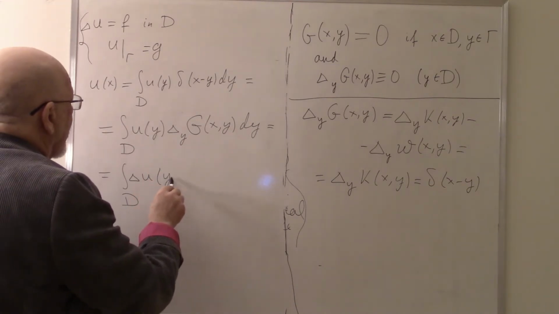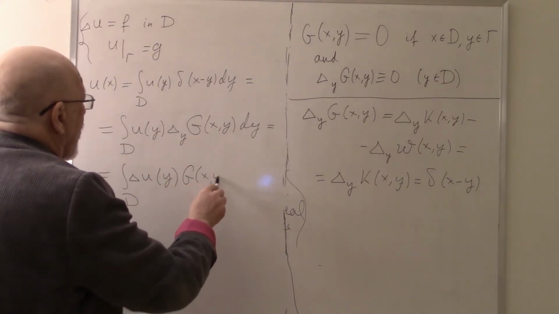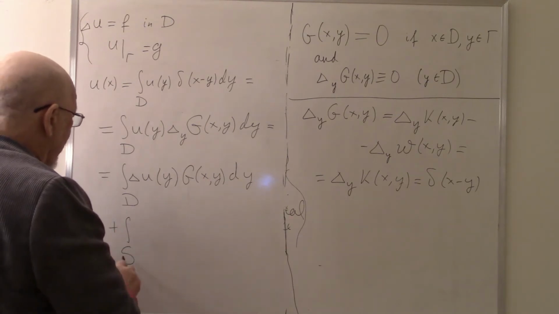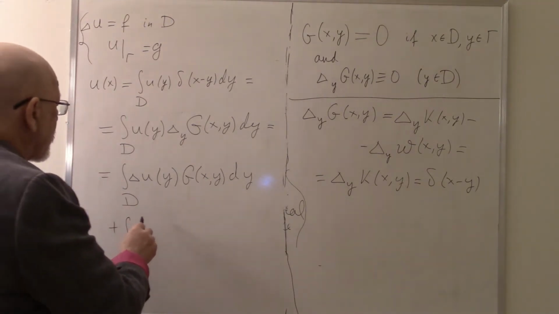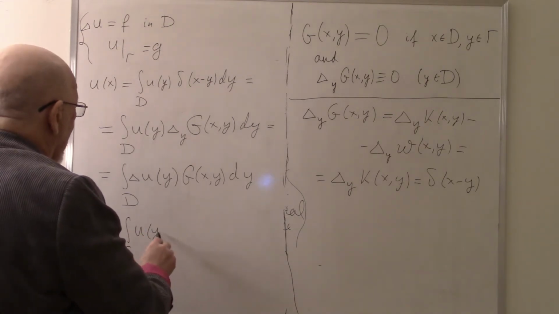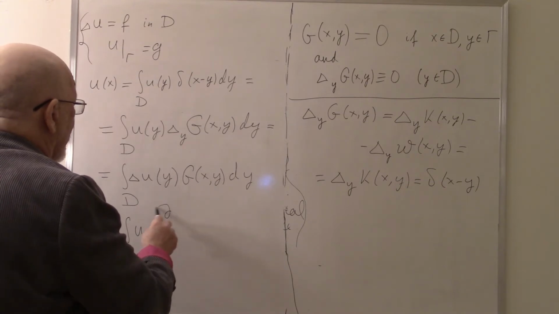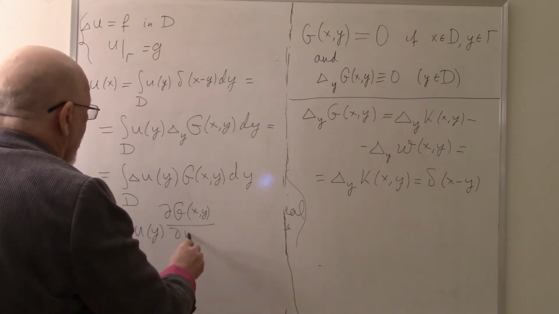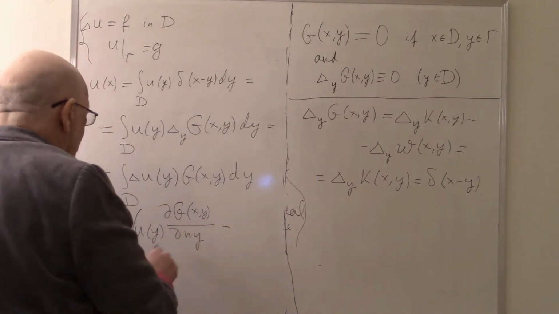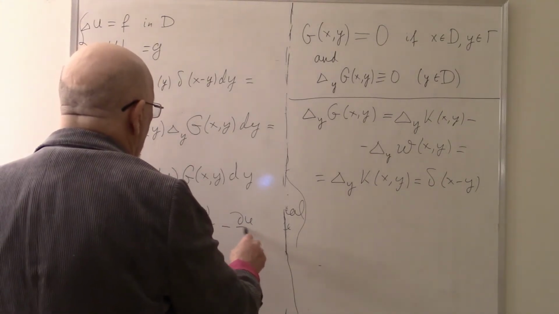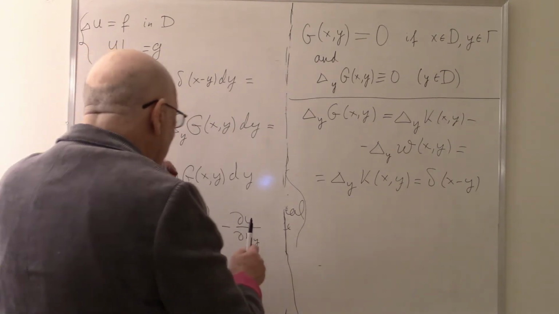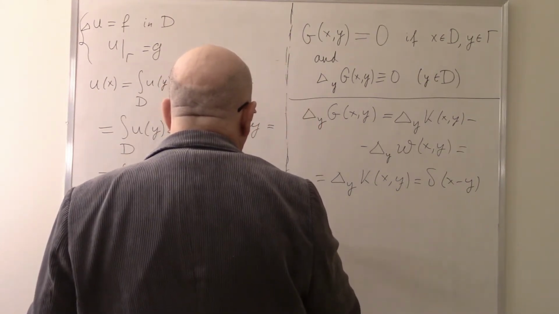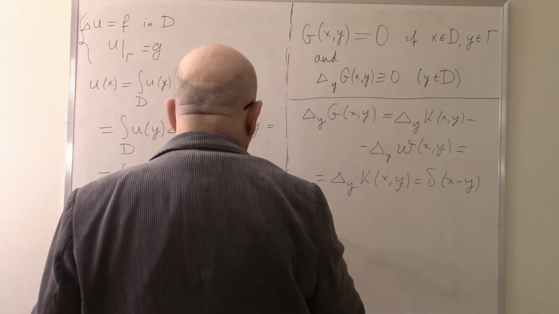Laplacian u of y, g of xy, dy, plus the integral over S of u of y dg of xy over dn_y minus du over dn_y times g of xy, ds_y.